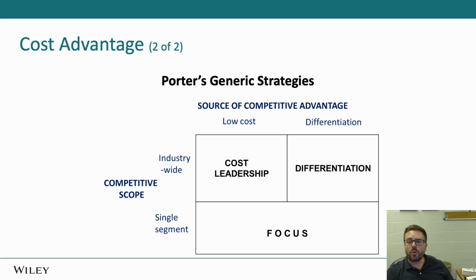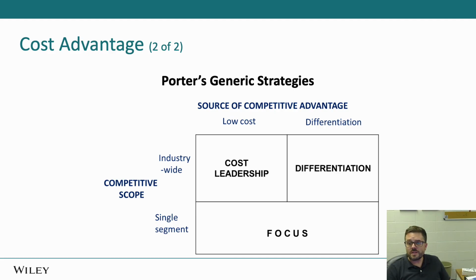So we come now to Porter's generic strategies and expand on this a bit more. Porter argued that you can basically choose one of two broad sources of competitive advantage. Either you can compete on price, in which case your competitive advantage is going to come from having lower costs than your competitors.